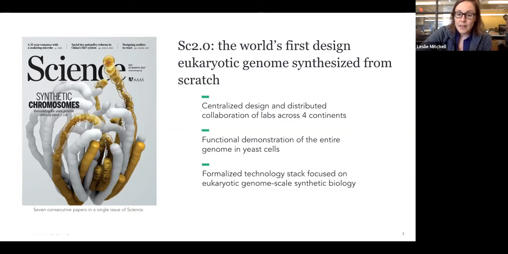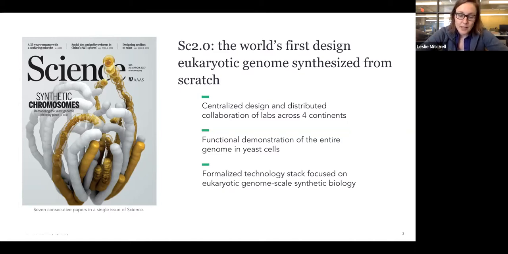And then out the other end has come this formalized technology stack related to what I've started to call genome-scale synthetic biology, which I will just make the point, is distinct from plain vanilla synthetic biology, if you will, which is typically a gene at a time or a few genes at a time.